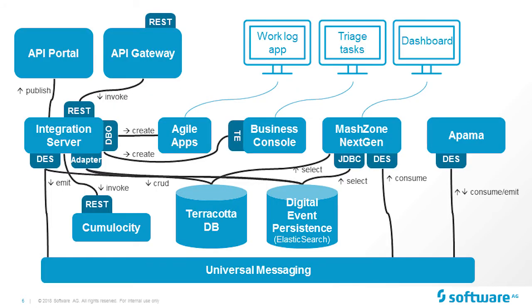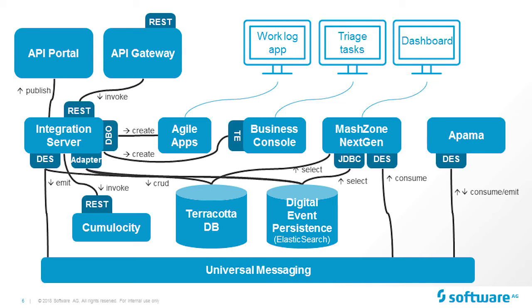This is the overall architecture that we're going to be creating, and you can see here that there's a lot of links and connections between the various components. So there is the core integration server on the left. We'll be exposing APIs through API Portal and API Gateway. We'll be persisting data in Terracotta DB and digital event persistence. We'll be linking IoT devices using Cumulocity.